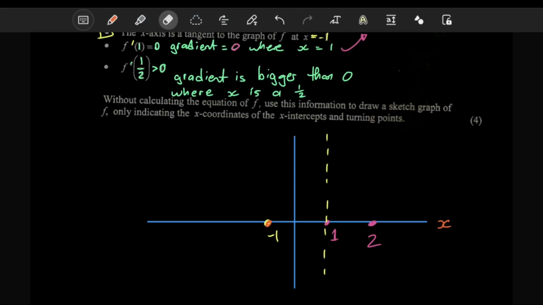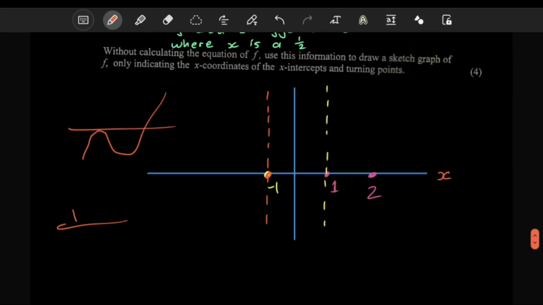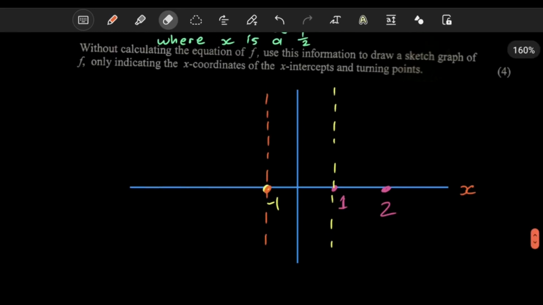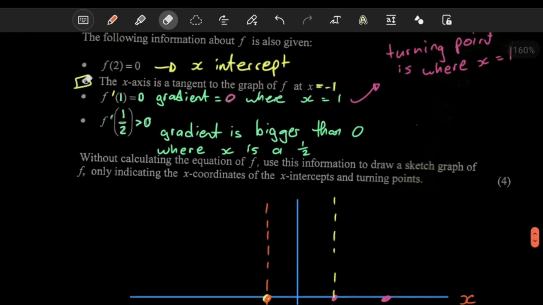That's my intuition, because if you're going to have the x-axis as a tangent to your graph, your graph could be touching the x-axis like that, or like that, somewhere there and somewhere there. So that's the analogy behind me thinking that this is a turning point, but we'll concretize that way of thinking just now. So we've dealt with this, this, and that.